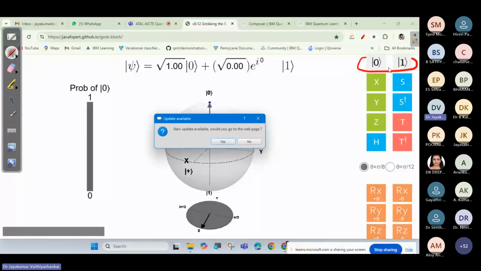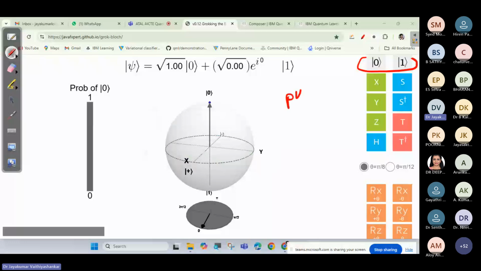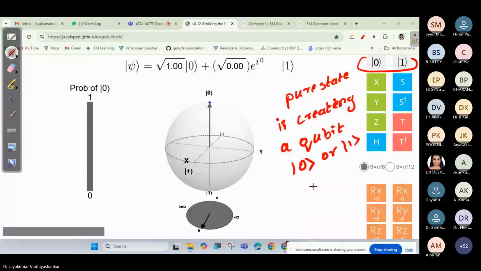If you want to create a qubit, there are only two possibilities: either you can prepare it in state 0 or in state 1. Why are we able to create it only in state 0 or state 1? Because we are representing a binary value.